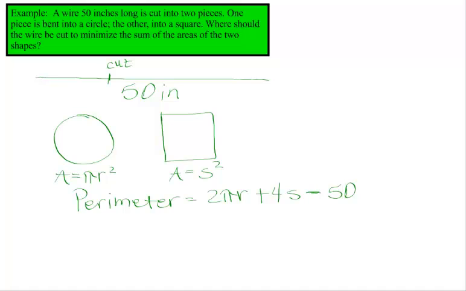That is going to be the relationship function. That is going to give me a relationship between r and s. The optimization function is they want me to minimize the sum. I'm going to use s, and they want me to minimize the sum of the 2 areas.